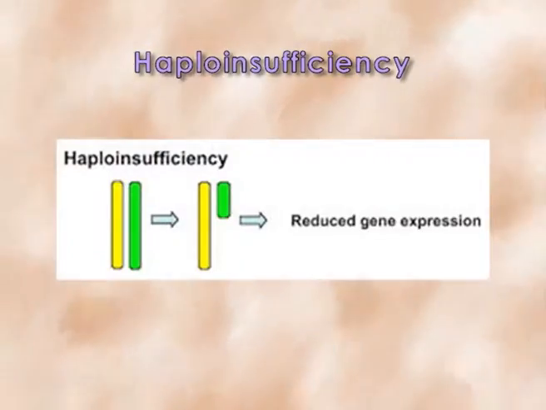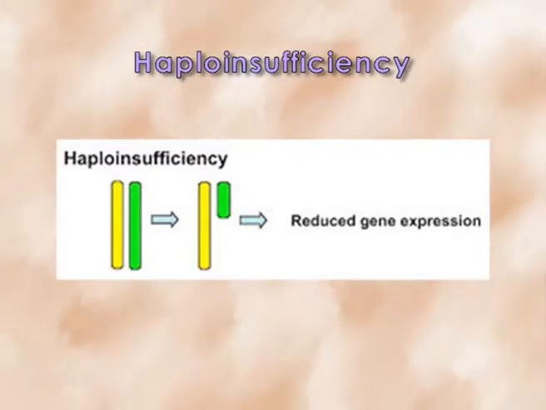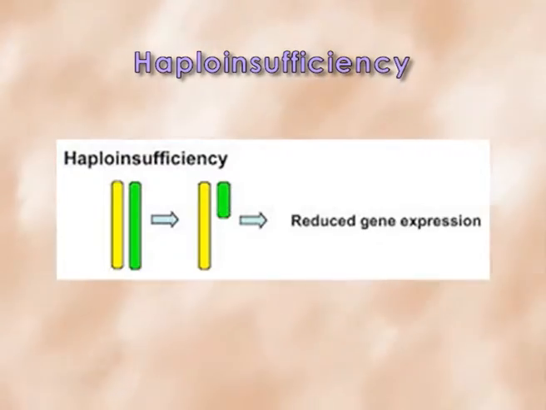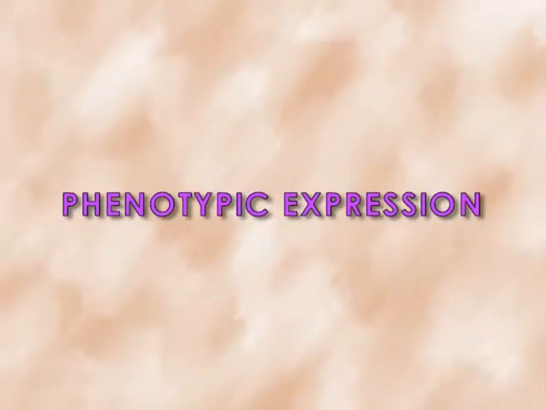But sometimes only in case of haploid organism, we find the presence of such dominance, so that gives the haploinsufficiency because there is no other backup by other allele from other chromosome. So that is usually found in case of haploid organism, sometimes may be found in case of diploid organism where the null allele is there in the heterozygous condition.